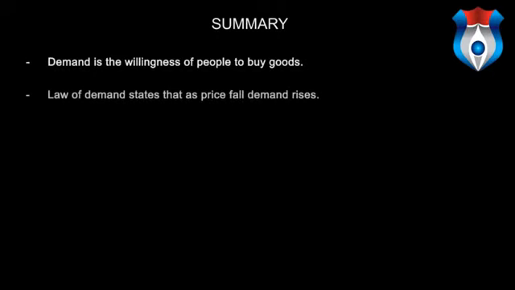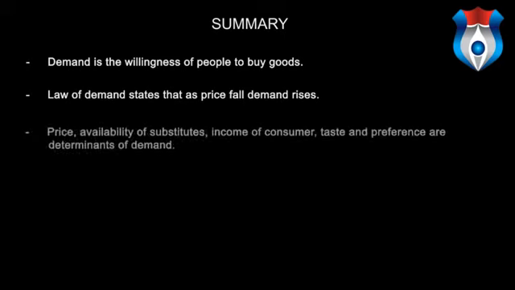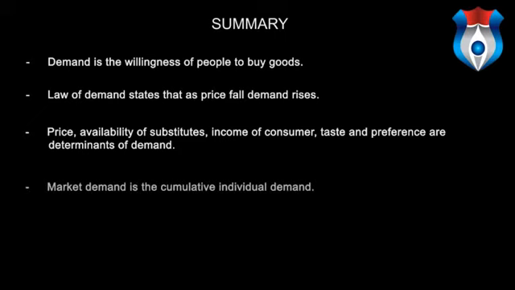Summary. Now in the end, let us summarize what we have learned in this lecture. Demand is the willingness of people to buy goods. Law of demand states that as price falls, demand rises. Price, availability of substitutes, income of consumer, taste and preference are determinants of demand. Market demand is the cumulative individual demand.